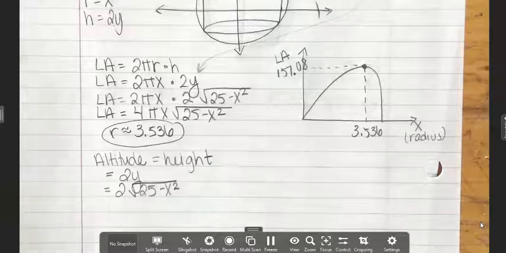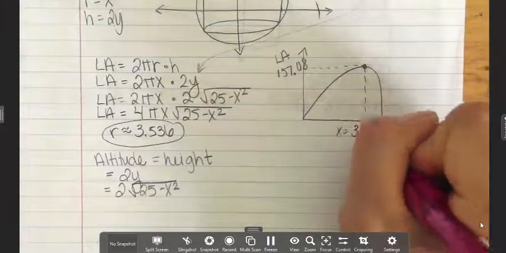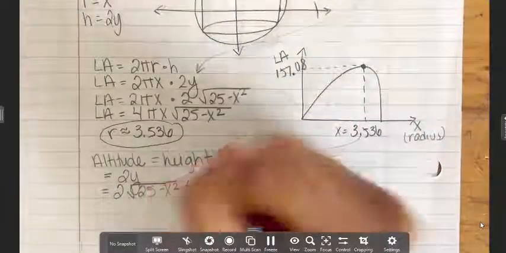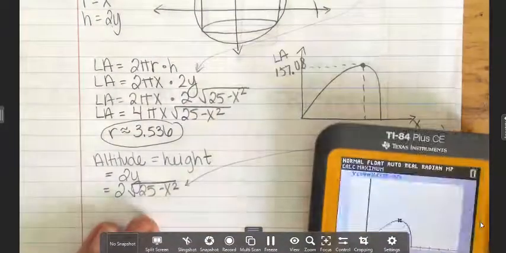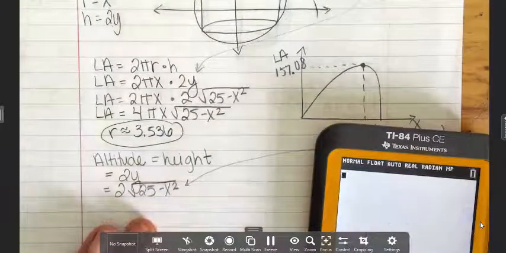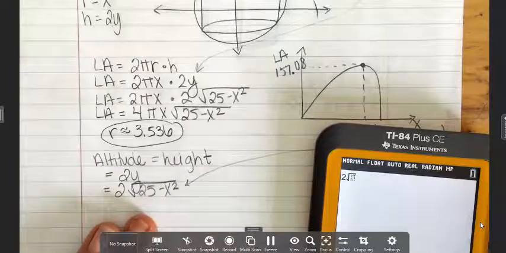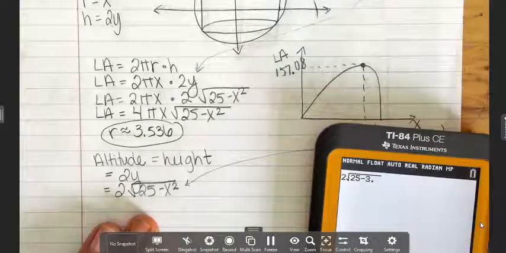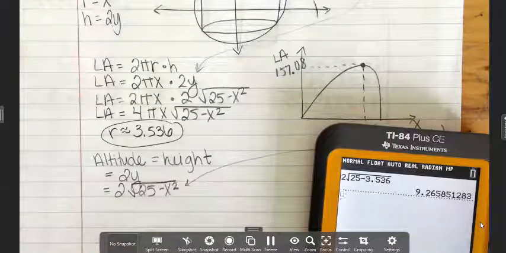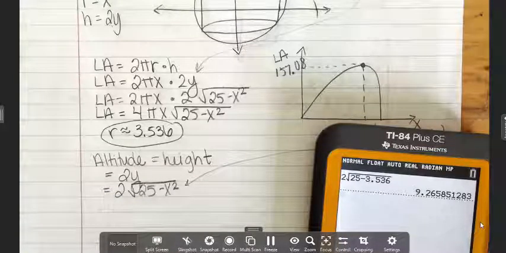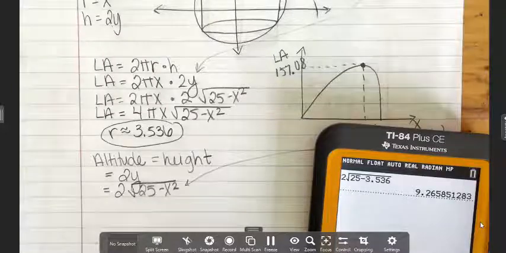And then I need to actually take my x value. There's my x value. I'm going to plug that in so I can get that. I did something wrong.